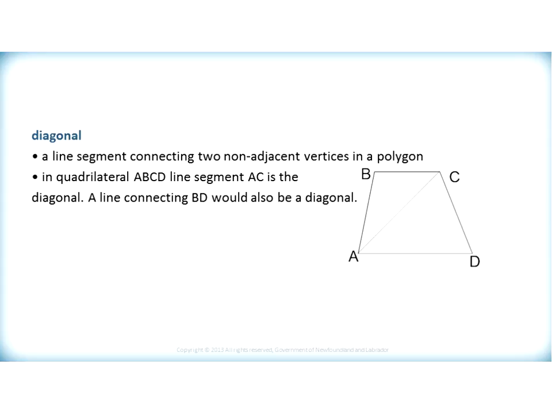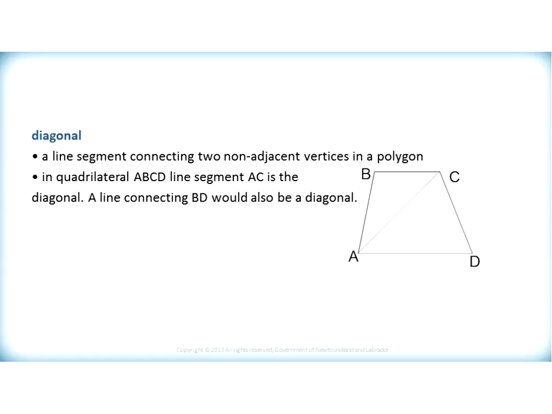Here we have a quadrilateral, ABCD, and we have a line segment drawn from vertex A to vertex C. This is what we'd call a diagonal, because A and C are not adjacent vertices. Also, if we were to draw a line connecting vertex B to vertex D, again, that would be a diagonal because it's connecting non-adjacent vertices.